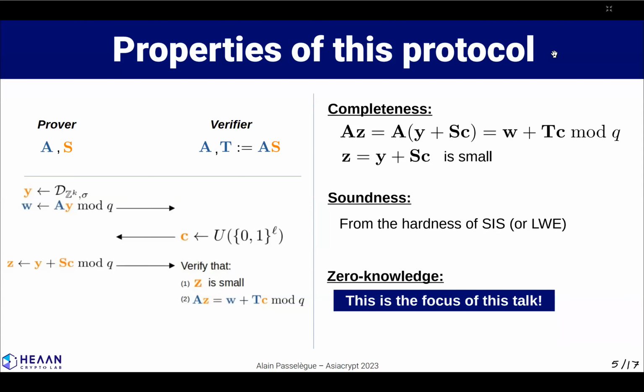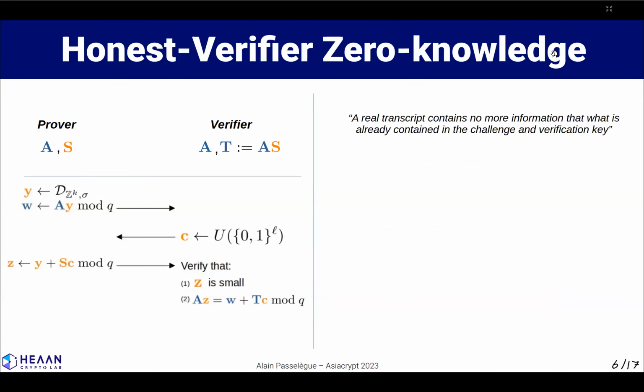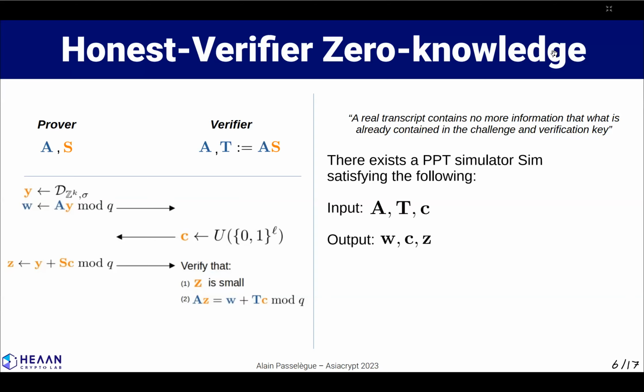So how do we get zero knowledge? So what is zero knowledge first? We need honest verifier zero knowledge, which basically says that the transcript that you get from interacting with the honest prover and with an honest verifier doesn't reveal anything about the underlying secret. So how is it translated in a security definition?